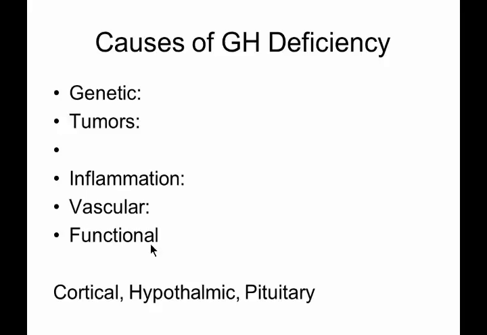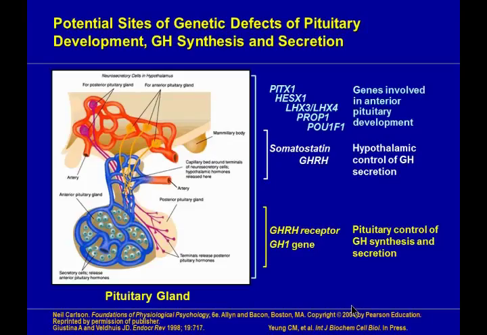And then functional, which is very interesting in the case of growth hormone. For example, emotionally deprived children drop their growth hormone and stop growing. If you take them out of an emotionally deprived situation, put them in a nourishing, nurturing environment, their growth hormone returns to normal. And obviously you can have hypothalamic diseases, and you can have diseases of the pituitary. These are merely as a schematic. And here we go as an example of these.